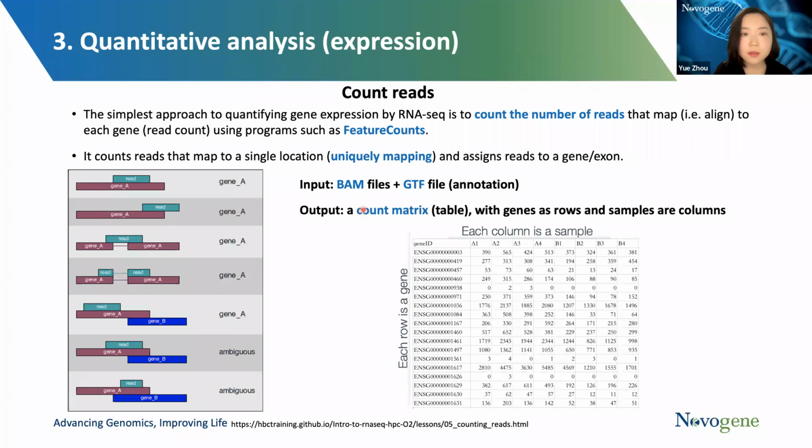The input of featureCounts is the BAM files we get after mapping, and the GTF file, which is the annotation file. The main output of featureCounts is a table with the counts, for instance, the number of reads, or fragments in the case of paired-end reads, mapped to each gene in the provided annotation.